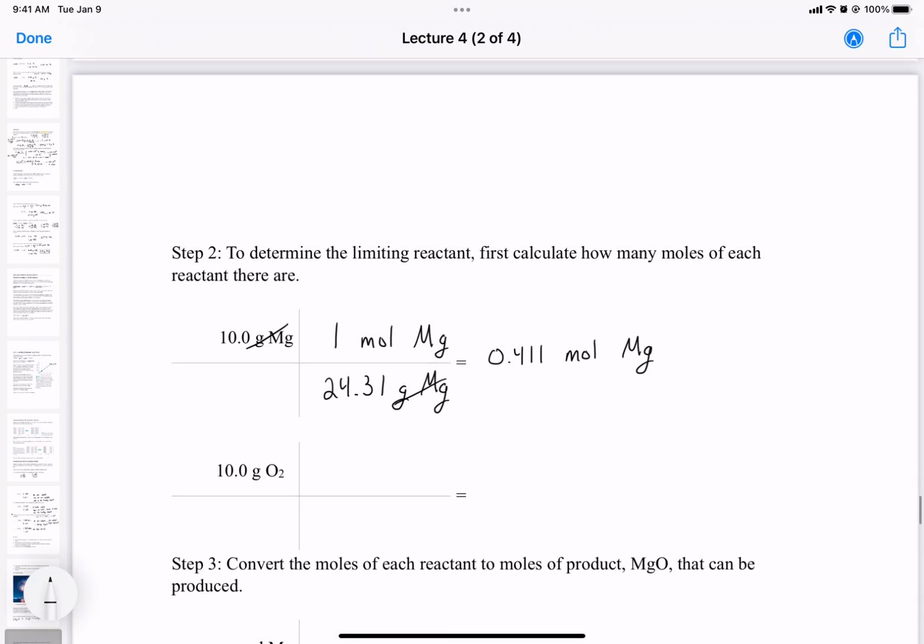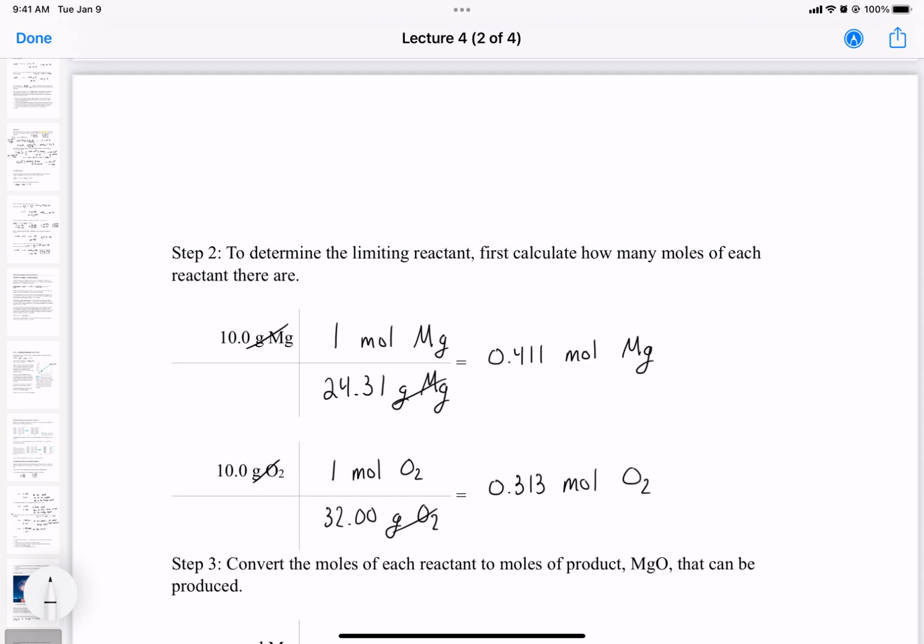Now, let's talk about oxygen. We know 1 mole of oxygen is equal to 32 grams of oxygen, so grams of oxygen cancel, and we get 0.31 mole oxygen.